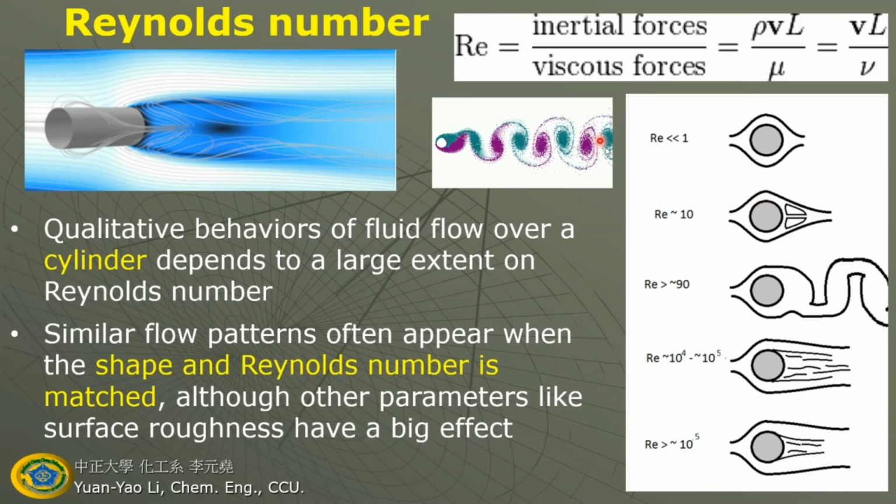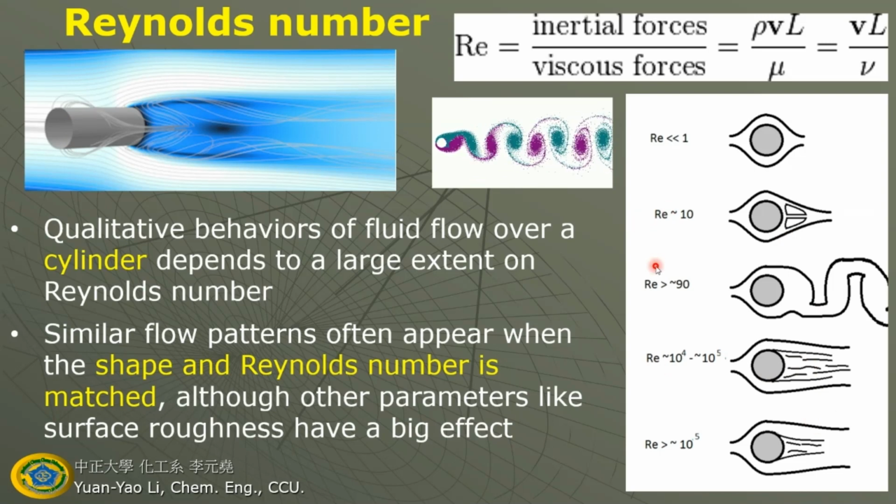For example, in a cartoon like this, the Reynolds number is more than 90. So it becomes like this: some of the water goes up, some goes down. And if you increase the Reynolds number to 10 to the power 4, 10 to the power 5, the flow is very fast. It shows you different patterns.